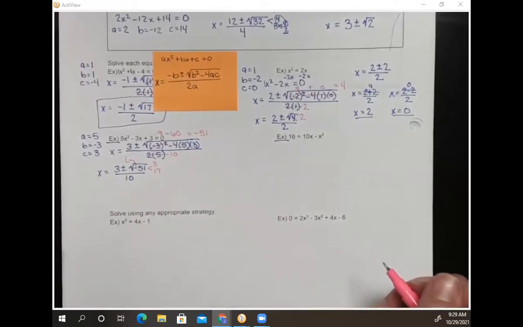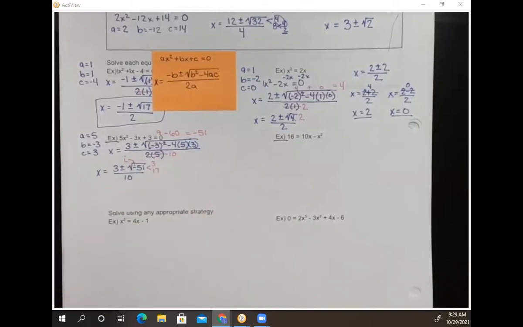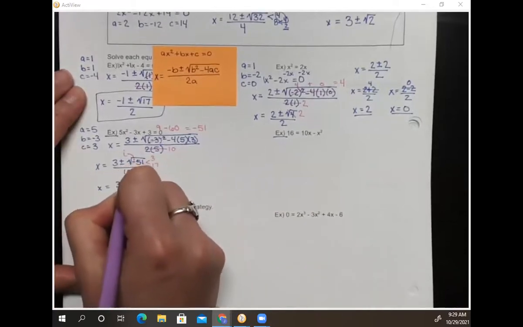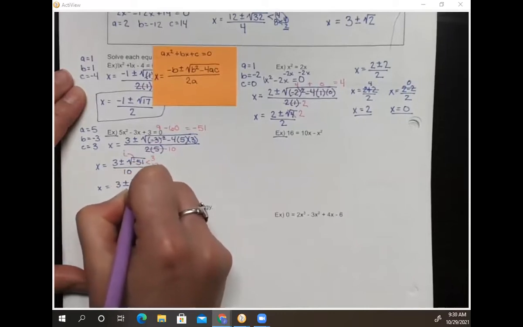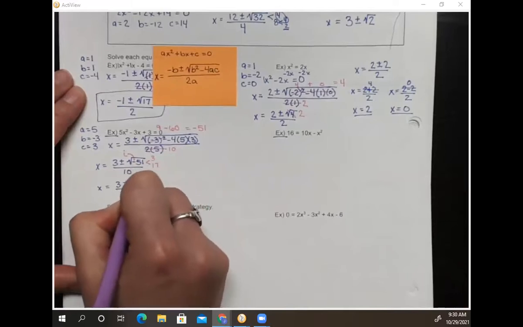I'm not going to be able to simplify the 51 any because I have no pairs here, but I do want to make sure I pull out that i. So we end up with x equals 3 plus or minus i root 51 over 10.